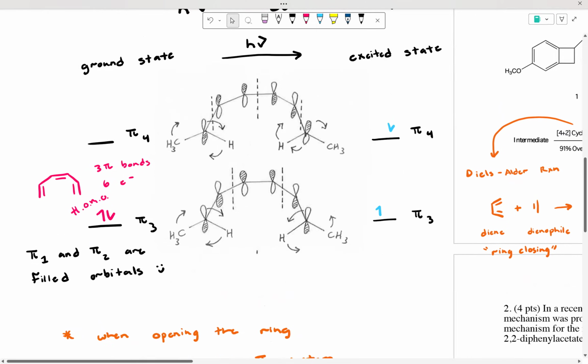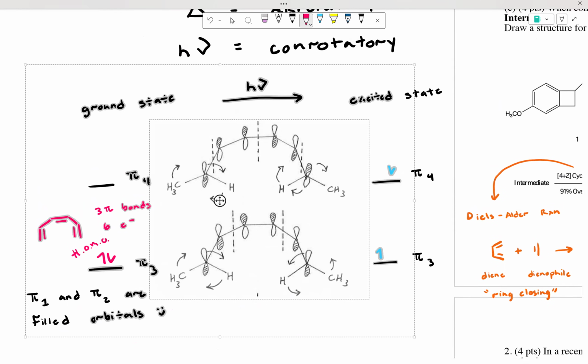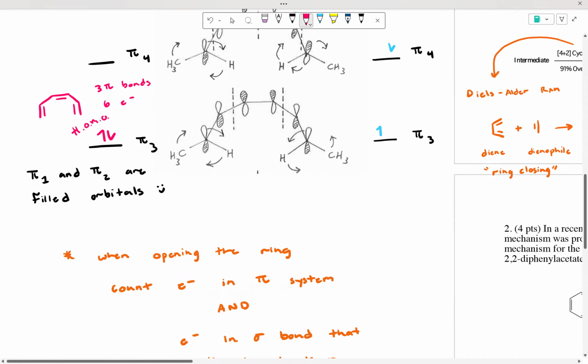So we can see using the pi 3 molecular orbital that in order for our like-phased molecular orbitals to meet each other, one is going to have to rotate clockwise, and the other one is going to have to rotate counterclockwise. This is how it would work after rotation, and then now these can form a bond.